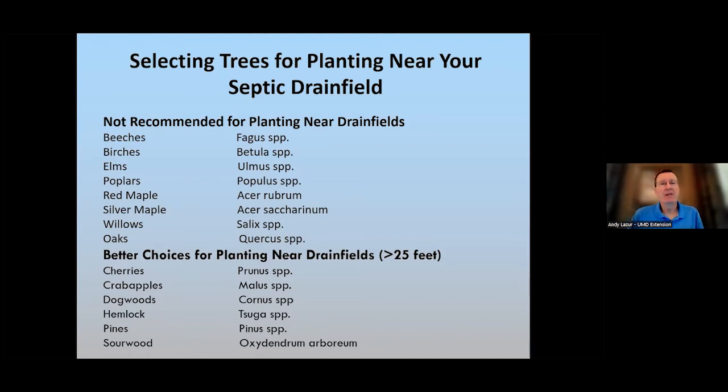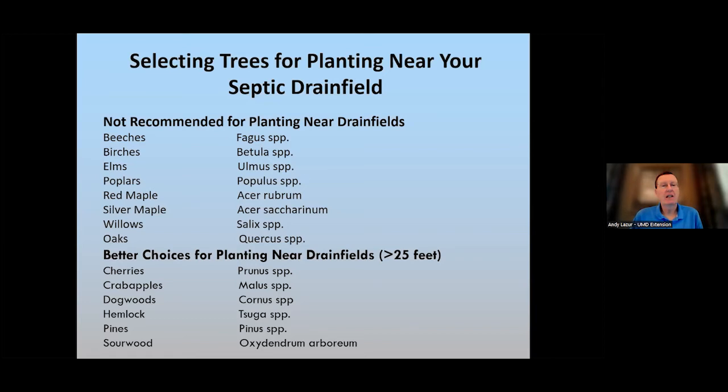So those are examples of very aggressive roots that could do damage to the system by clogging the wastewater flow. I've even seen them enter an older tank, for example, and that obviously could cause problems.